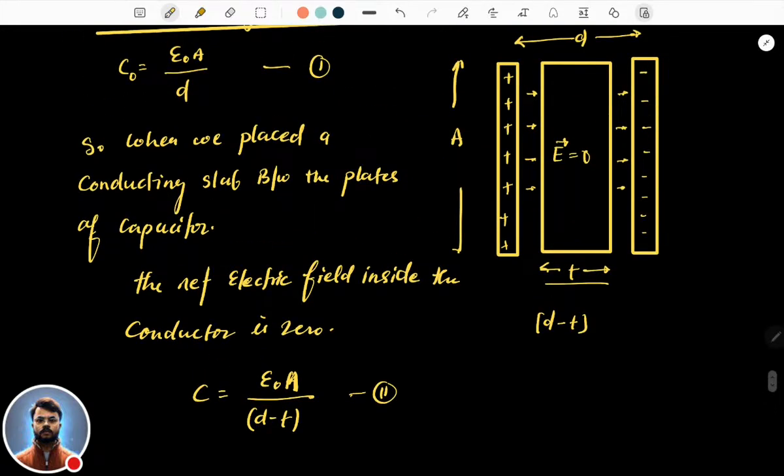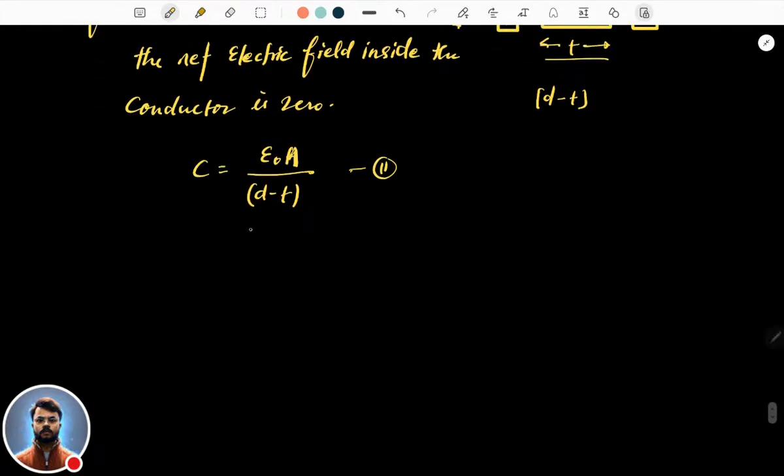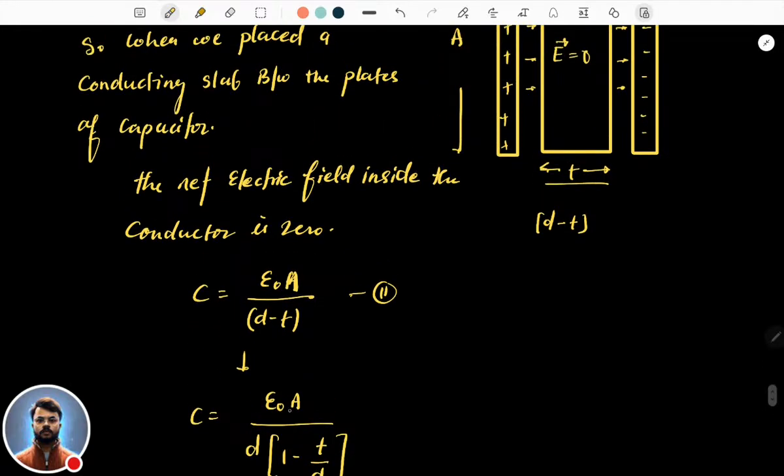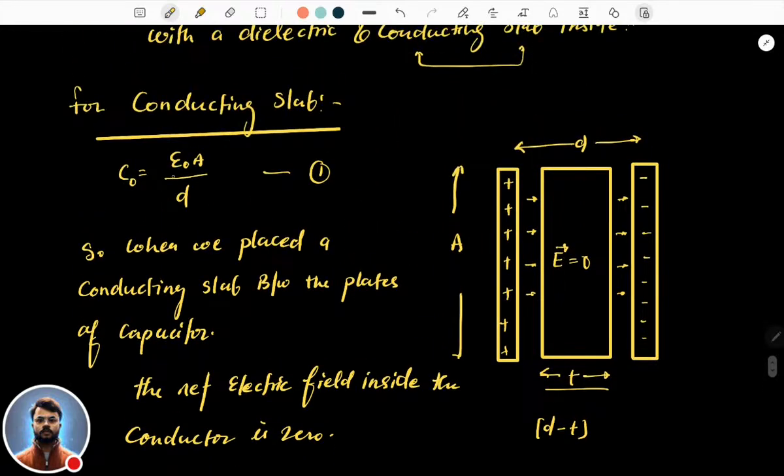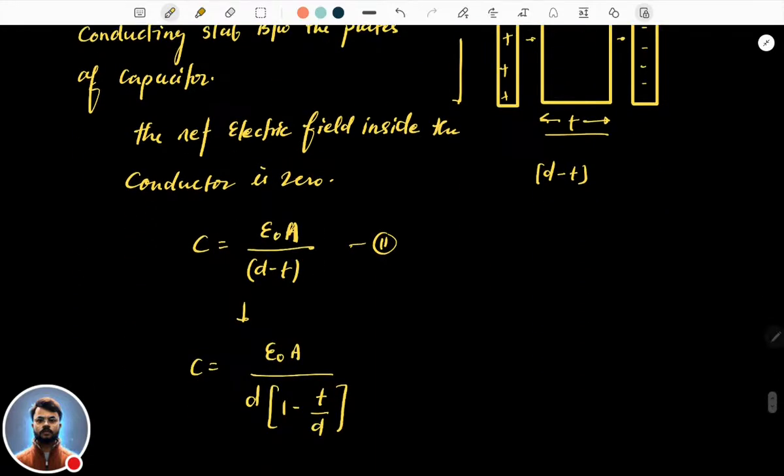Now if we compare these two, from this equation we can write C is equal to epsilon naught A over D, taking D as common in the denominator, times 1 minus T over D. Epsilon naught A over D is equal to C naught, the capacitance of the capacitor when there is nothing inside.